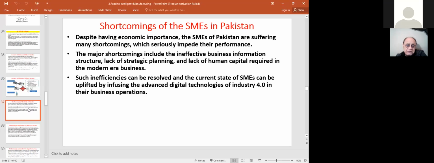Such deficiencies need to be tracked and removed, and much good work can be done by the use of the smart instruments that are available to us today. Such deficiencies can be resolved by small to medium enterprises, upgraded and uplifted by the use of these digital technologies.